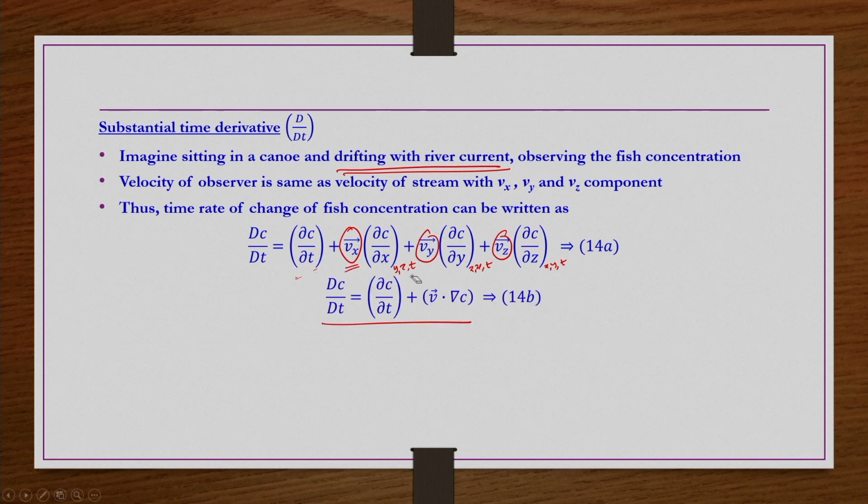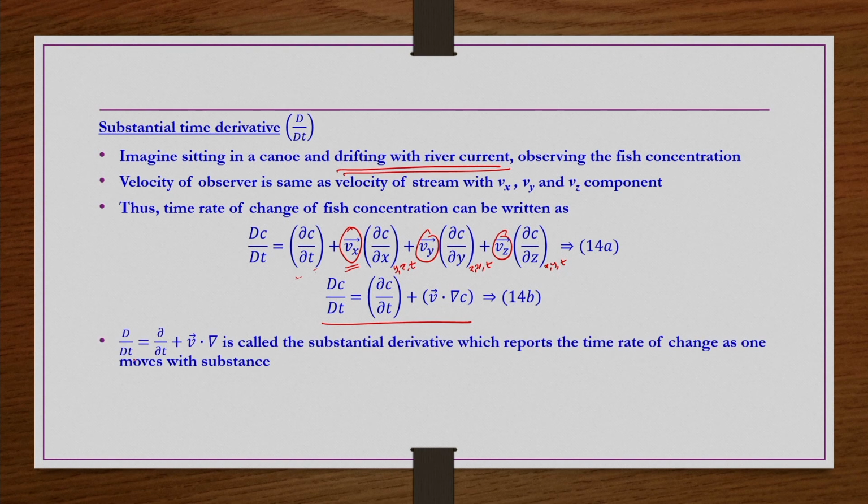So, the same equation 14a, if you write in vectorial form, is capital DC by capital Dt equals ∂C/∂t plus v dot del C. That means capital D by Dt, which is ∂/∂t plus v dot del, is called the substantial time derivative, because it also moves with the substance.